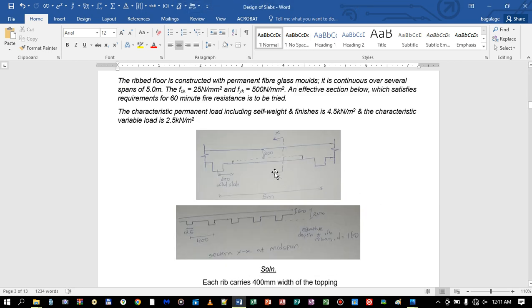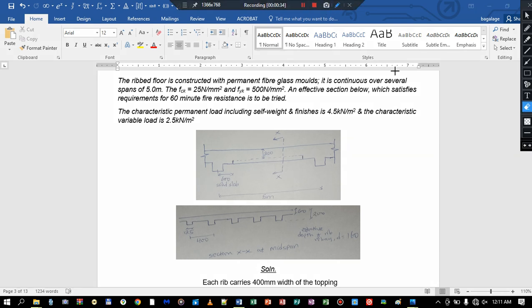Okay, and this is Bagalage Uma. So today I want us to look at the design process of a ribbed floor, specifically a hollow block floor or a maxispan.